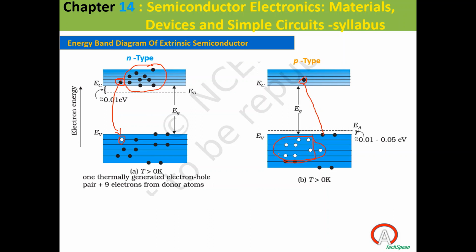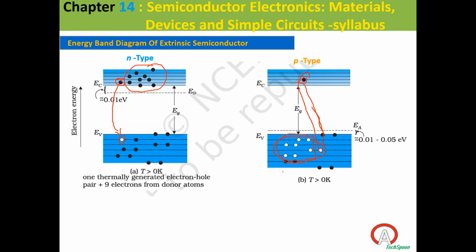These electron and hole pairs are generated by thermal excitation. That's why these electrons will create some conduction, but the number of holes will be greater than the number of electrons in the case of p-type. Clear? Yes or no?